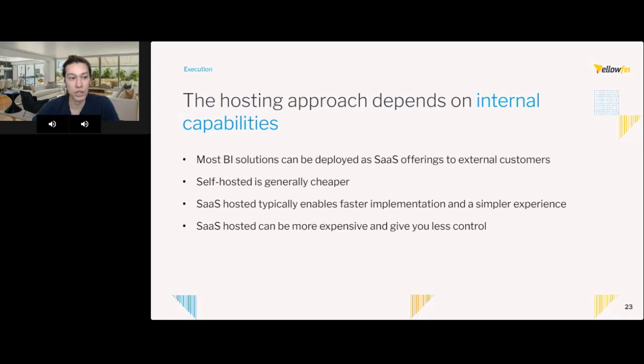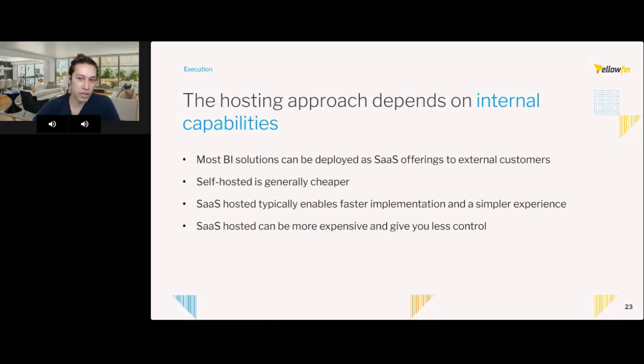But we know that self-hosting is generally cheaper, because with a SaaS offering, you are paying a third-party vendor to manage your service and not managing it internally. But on the flip side, SaaS-hosted offerings typically are faster because it's easier to implement and a much simpler experience because it's all standardized and managed by a team that is already an expert in that platform.